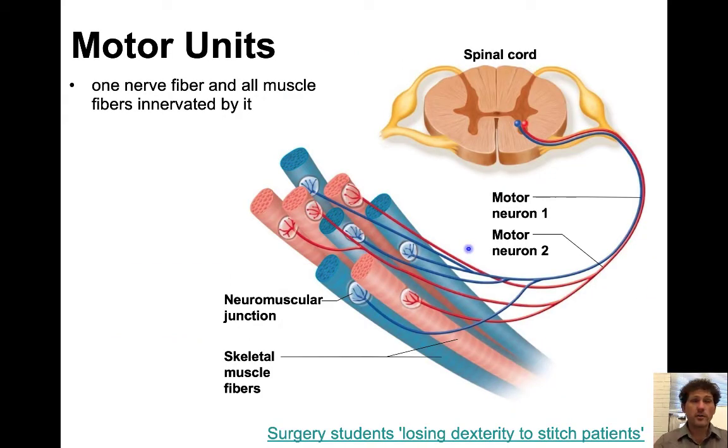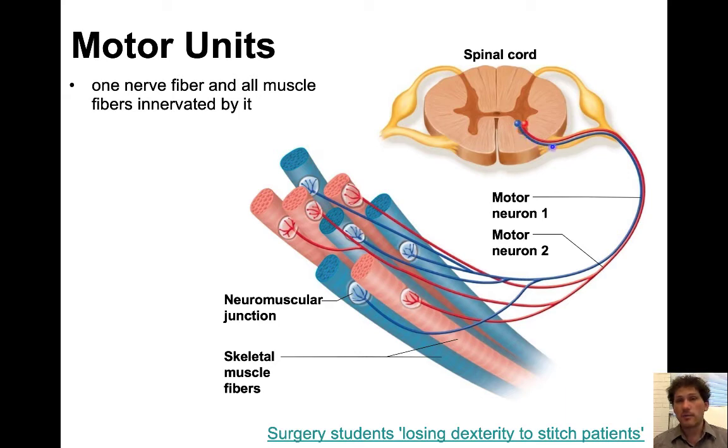There's a term you're going to need to know called a motor unit. A motor unit is one nerve fiber and all of the muscle fibers that are innervated by that nerve. If we look here, for example, we've got our lower motor neurons coming out of that anterior horn. We've got our synapse right back in here.